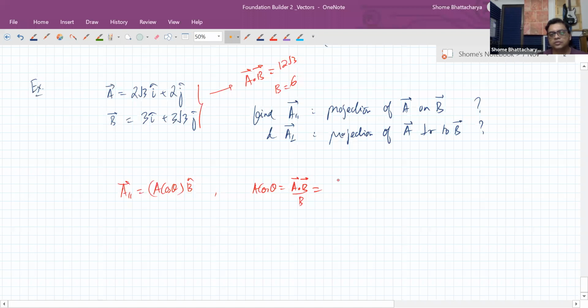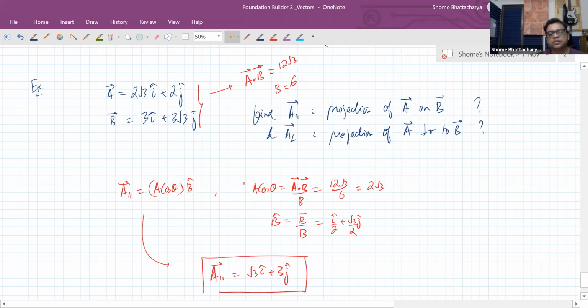Okay, so this should become 12 root 3 by 6 or 2 root 3, and B cap would be vector B divided by its magnitude, so that will become i cap by 2 plus root 3 j cap by 2. So from that you will get the parallel component as root 3 i cap plus 3 j cap. When you just substitute these two here, you will get this.